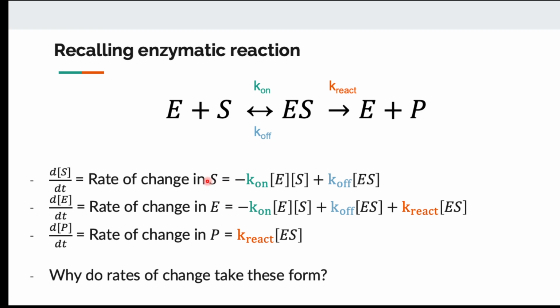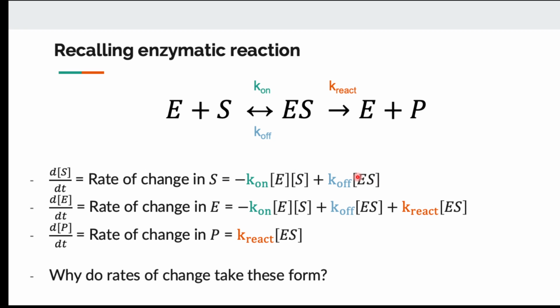And we learned that if we want to monitor the rate of change in substrate, for example, how the substrate changes, it's going to be reduced based on the formation of enzyme substrate complex. Because when enzyme and substrate bind, it turns from a substrate into an enzyme substrate complex.